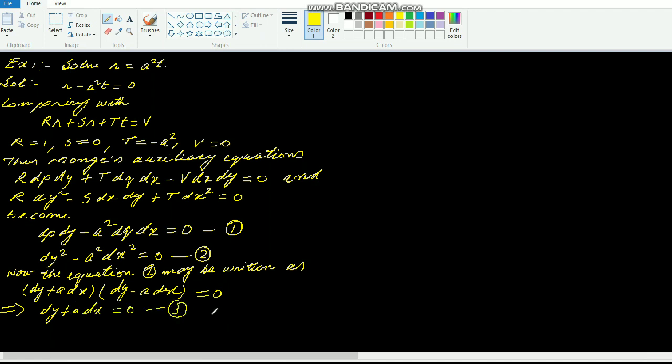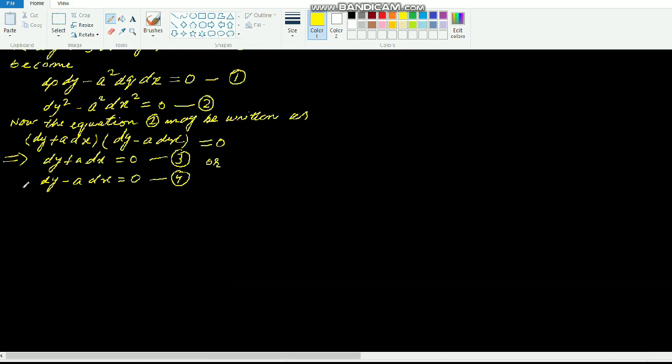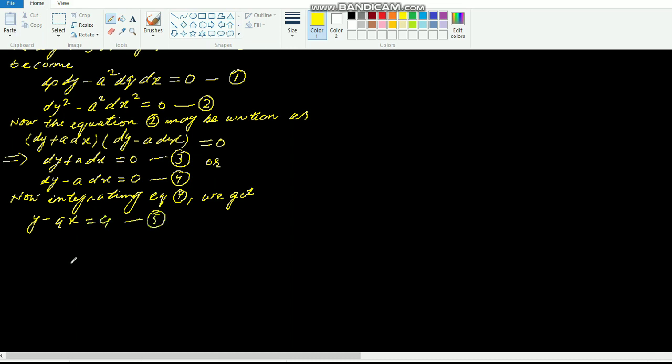Let it be equation number 3. Or dy minus a dx is equal to 0. Let it be equation number 4. Now, integrating equation 4, we get y minus ax is equal to c1. Let it be equation number 5.